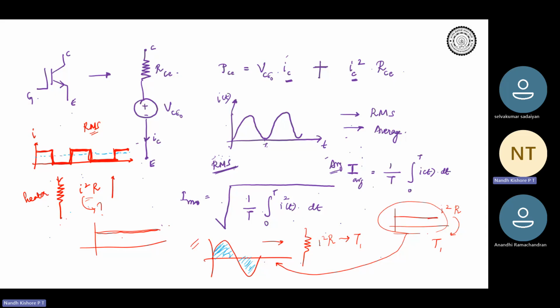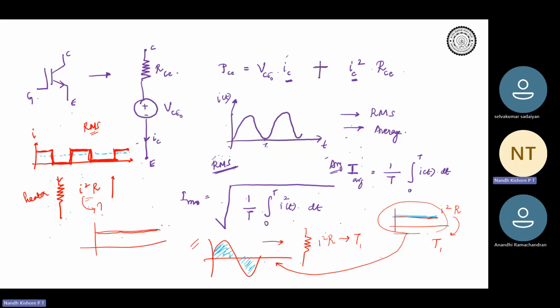So it is like you are passing an AC current, and the heater gets heated up. Let's say the room temperature is 25 and the resistor got heated up to 40 degrees, a 15 degree temperature increase. Now, what will be that value of DC current, a constant current, which if I pass, the resistor will again get heated up to the same 40 degrees?